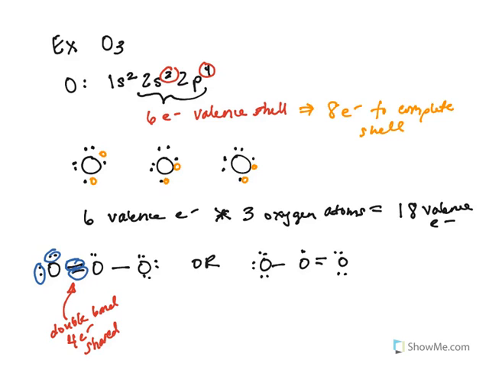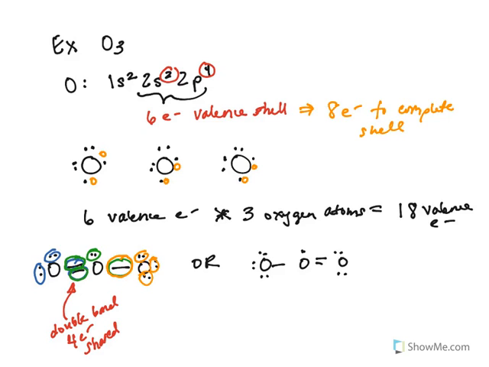Then if we look at the second oxygen atom, since these electrons are shared, it has access to these 2 electrons and these 2 electrons. That's 4, 6, 8. So that oxygen also has a total of 8 electrons available to its valence shell. And then if we look at our last oxygen, it gets access to this pair that's shared in a bond. So that's 2, 4, 6, 8.